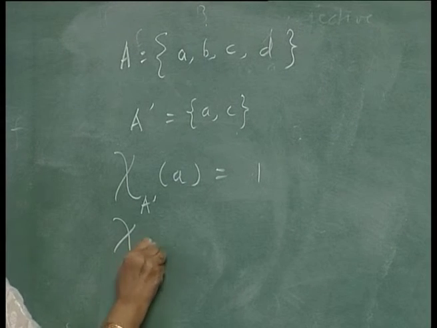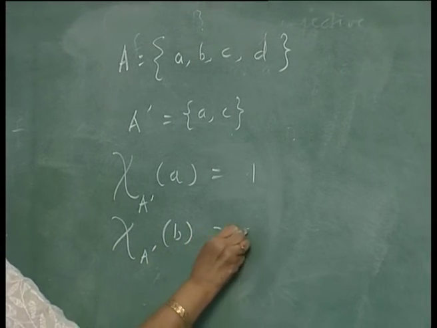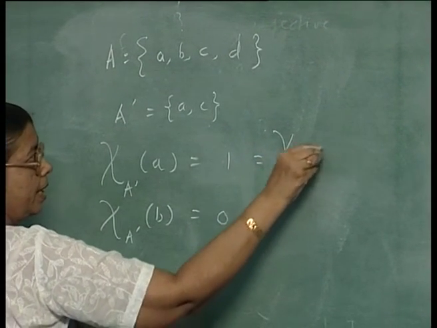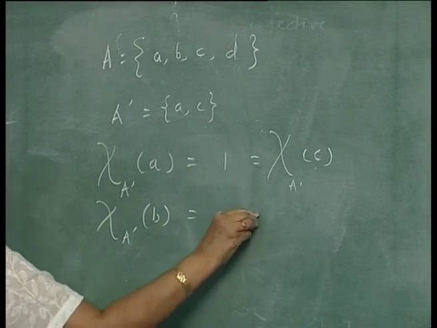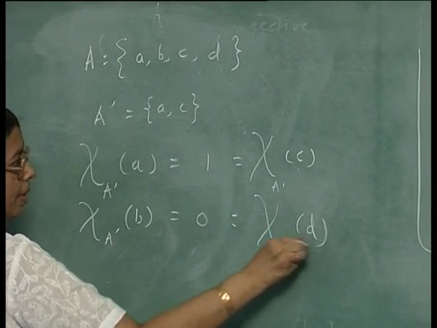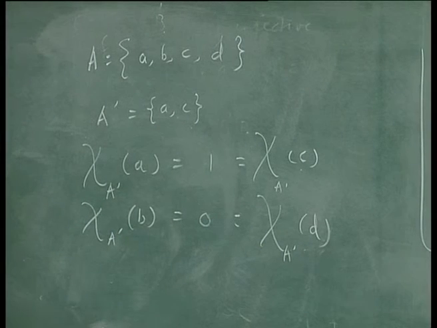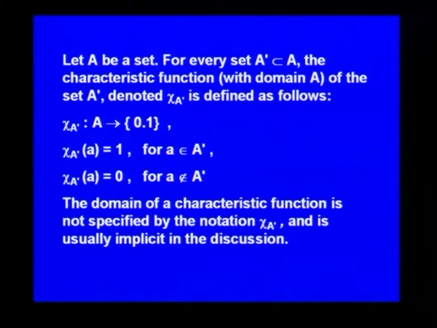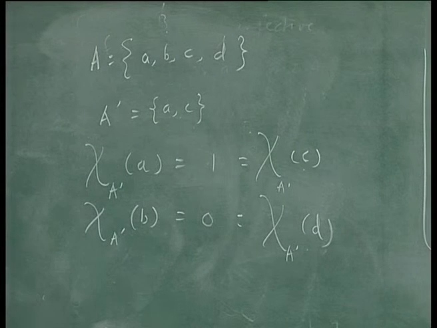Chi A dash of b is equal to 0, and chi A dash of c is equal to 1 because it belongs to the set. Chi A dash of d is 0 because d does not belong to the subset. So this is known as a characteristic function. The domain of a characteristic function is not specified by the notation chi A dash. You do not specify A explicitly here; it is understood.